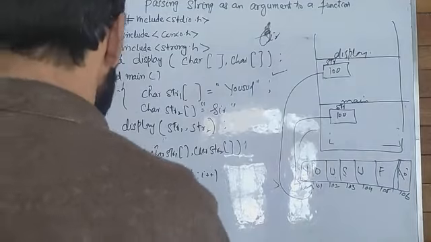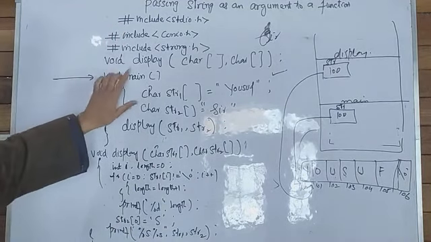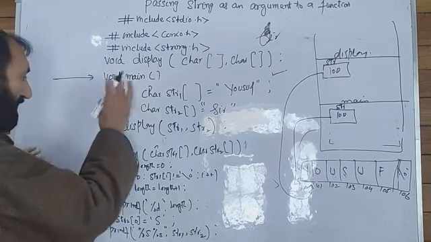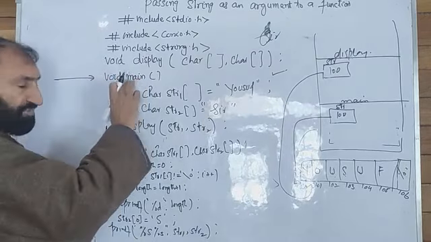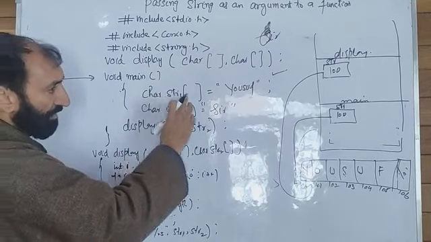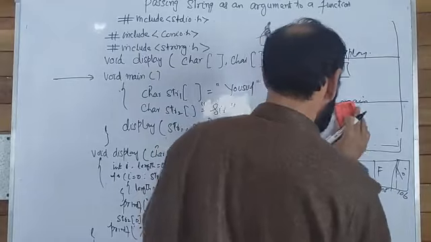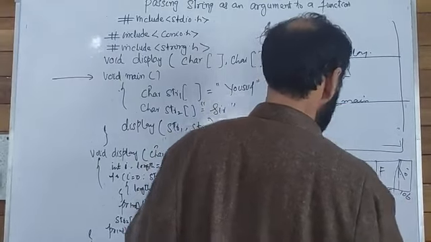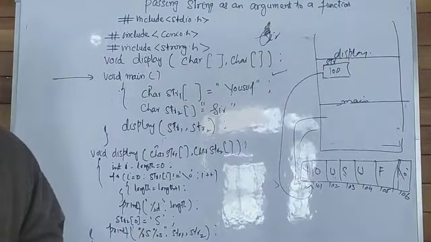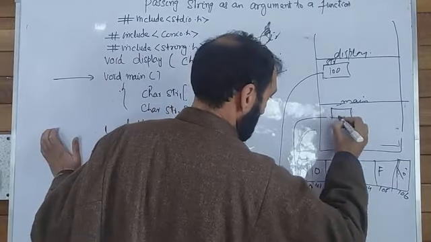Take care. Obviously now we will discuss the working of this program. The execution will start from the main function. First here I have declared str1. For example, this is the block, this is the memory which has been allocated by the memory manager for this main function.